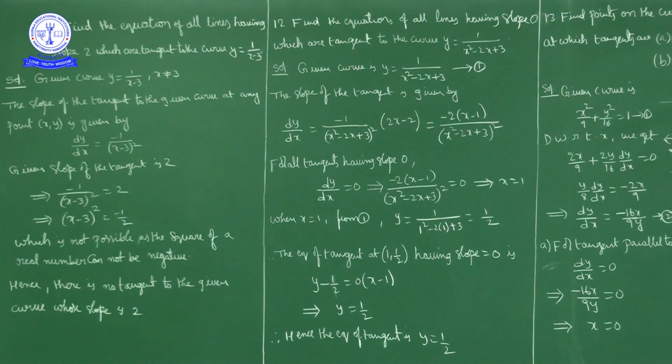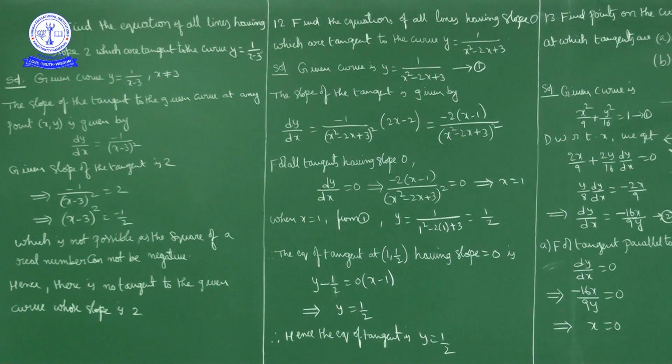The slope of the tangent is 0, which means dy by dx equal to 0. By equating dy by dx to 0, we got x is equal to 1. By substituting x equal to 1 in the given curve, we got y is equal to 1 by 2. So the equation of tangent at the point 1 comma 1 by 2 having slope 0 is y is equal to 1 by 2.